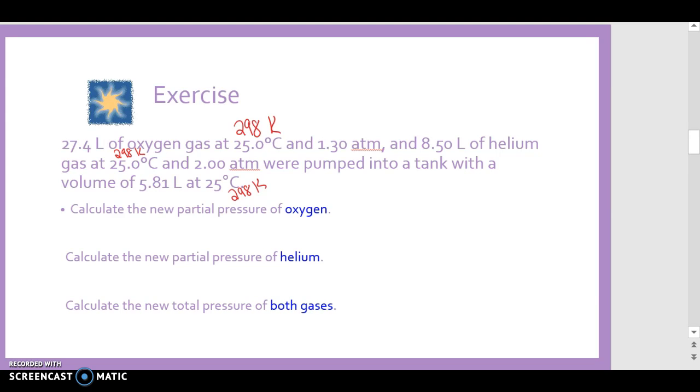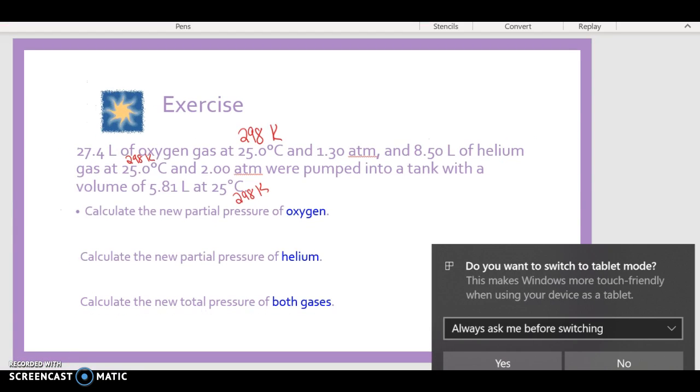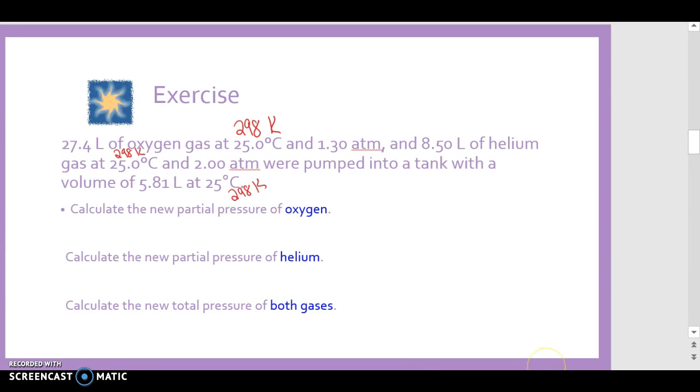So I think there's 2 different ways that you could set this up. For me, when I read this, the thing that comes to my mind is to go ahead and use your initial and final volume and pressure.